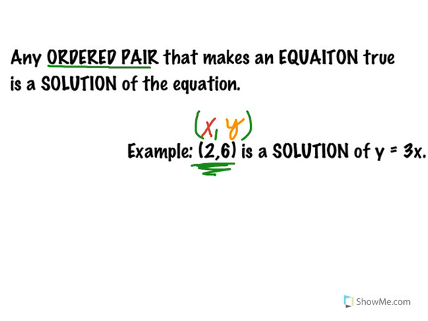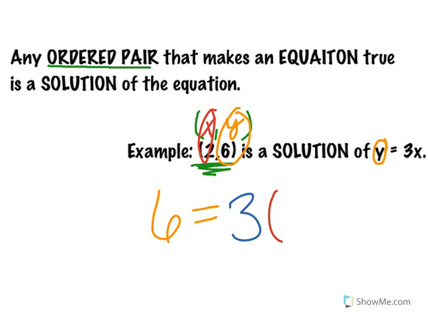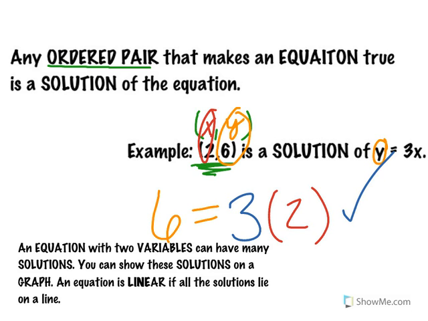So, y was 6, so I have 6 equals 3 times x, and x is 2. And 6 is equal to 3 times 2, so check.